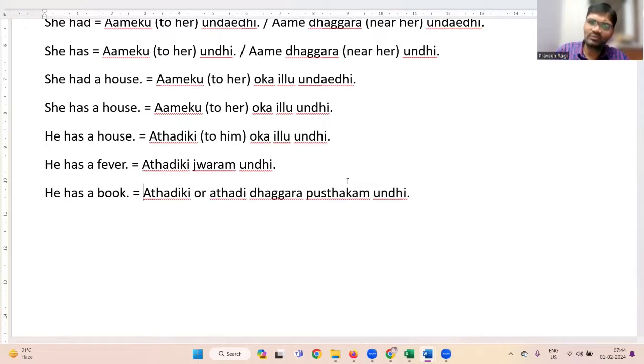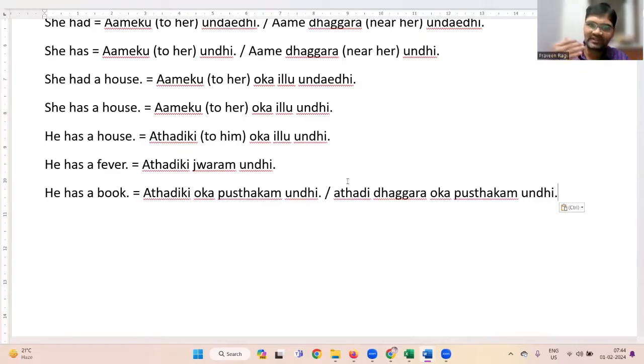Atadiki pustakam undi. Atadiki oka pustakam undi. It is one sentence. Let me write it differently: అతడికి ఒక పుస్తకం ఉంది or అతడి దగ్గర పుస్తకం ఉంది. Like this we say it in the spoken language.